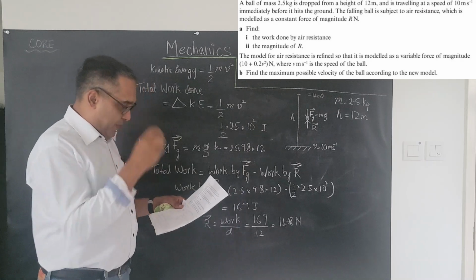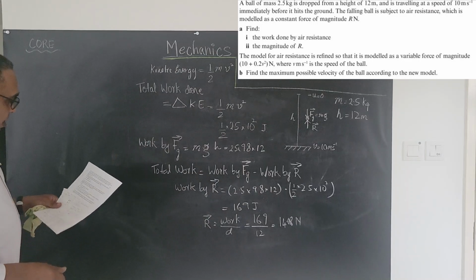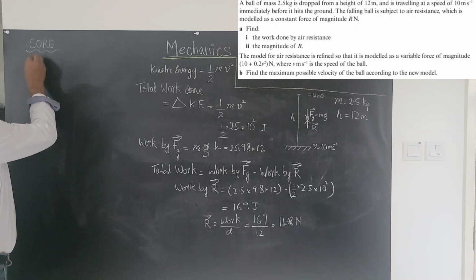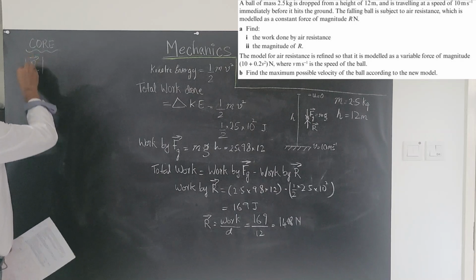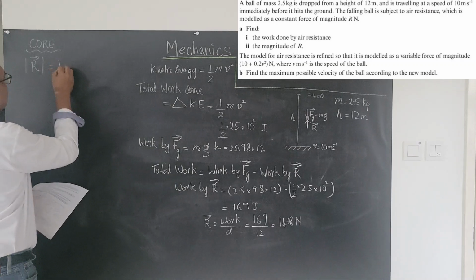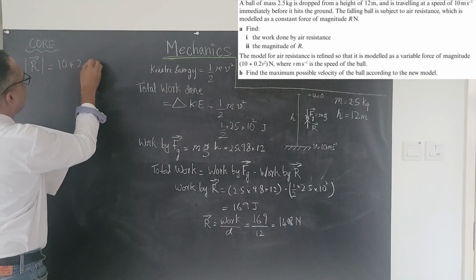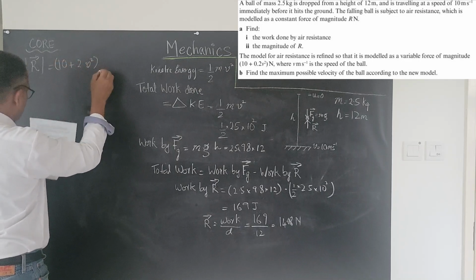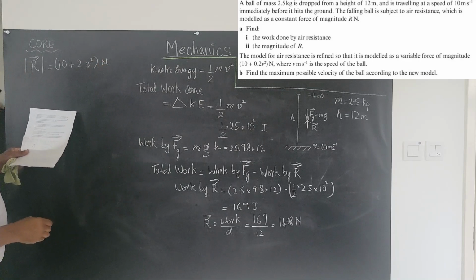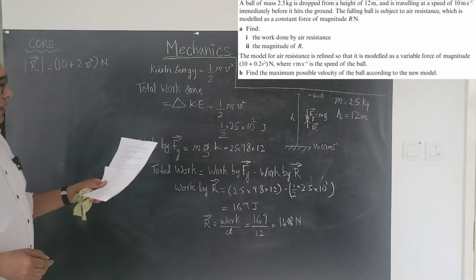So that's that part. Now he says, I've modeled air resistance R, where the magnitude of R is equal to 10 plus 2 times velocity squared newtons. Find the maximum possible velocity of the ball in the new model.